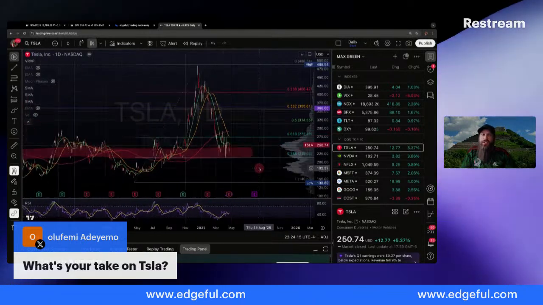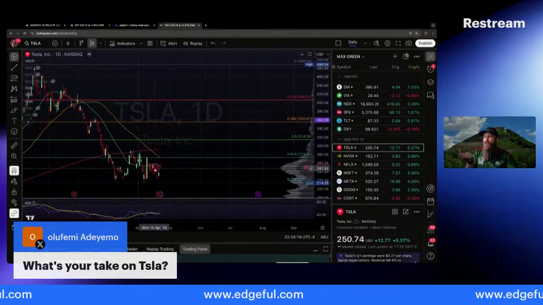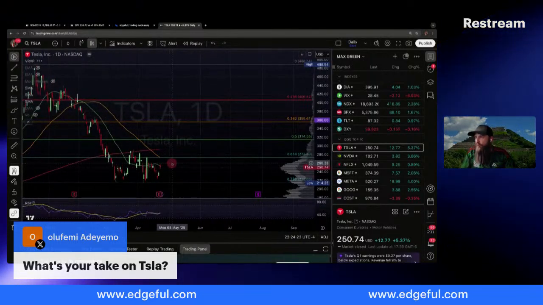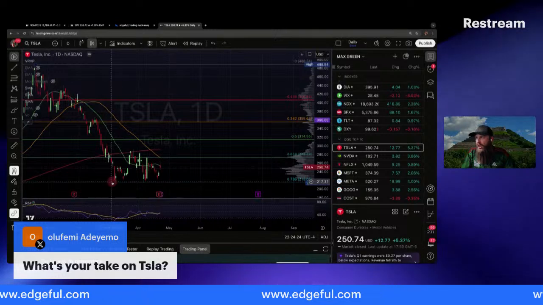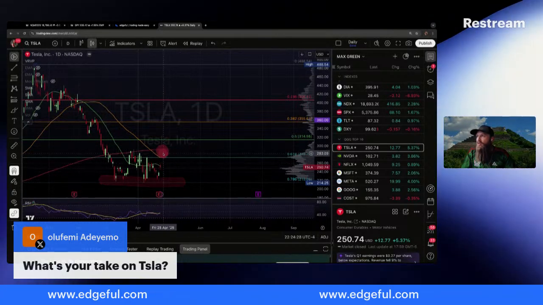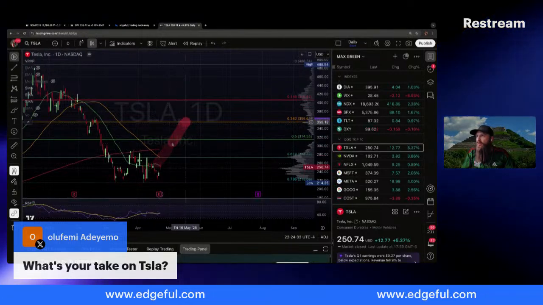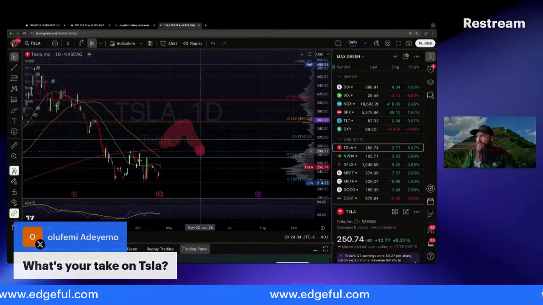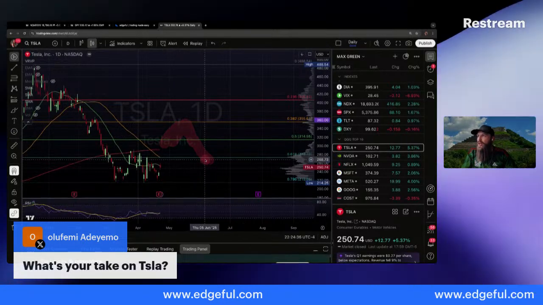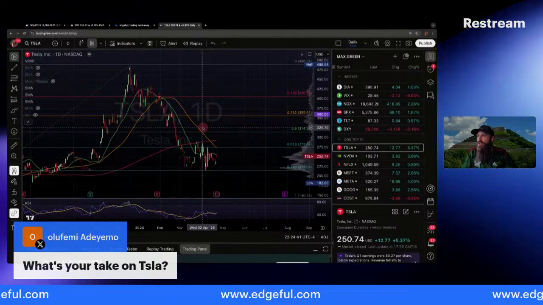The problem I have with Tesla is right here. So here's my take on Tesla. I think you can trade this name, obviously. The thing is, it's kind of like this low here. But I think it's going to have trouble, especially if it gets up into this area. If you get up to here, I think you're going to have a lot of trouble. You're probably going to reject if you get back up into 320, 325.